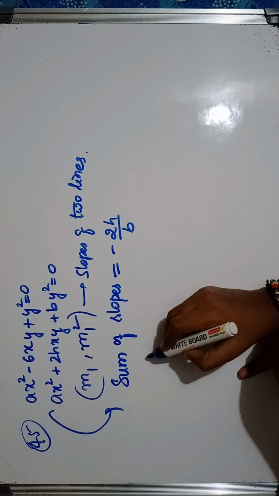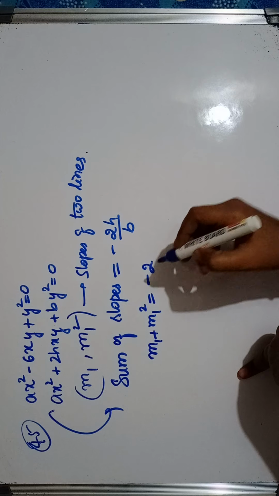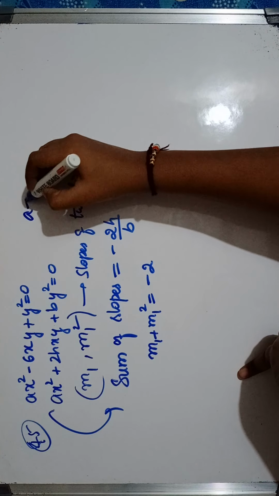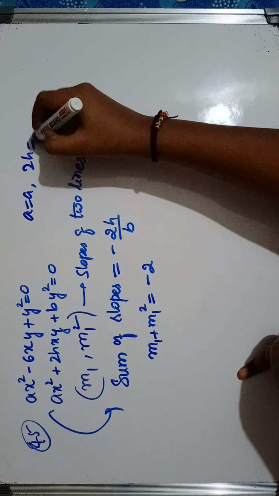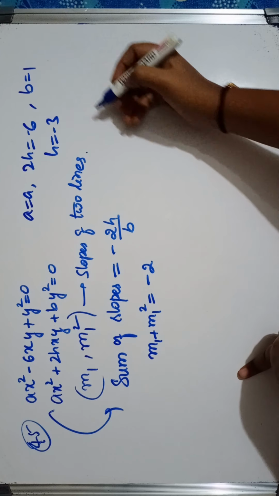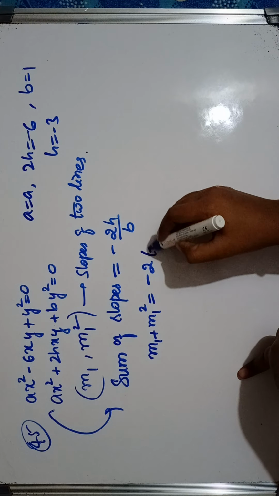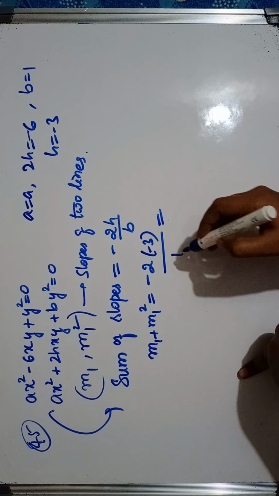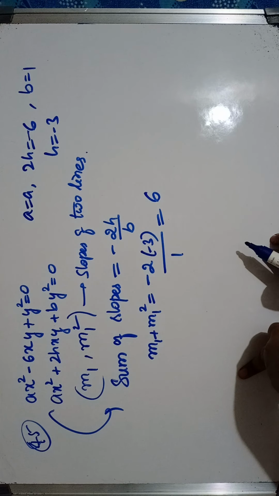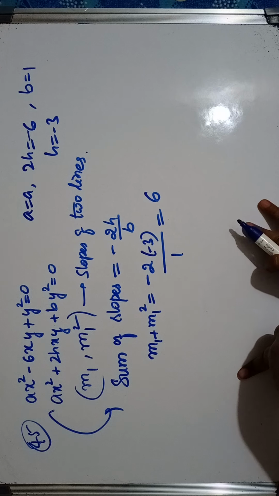So the sum of the slopes means m1 plus m1 square, which is equal to minus 2 into, comparing with the standard form, a is equal to a itself, 2h is equal to minus 6, therefore h is equal to minus 3, and b is equal to 1. So minus 2 into minus 3 divided by 1, which is plus 6. Therefore the sum of the slopes is equal to plus 6.